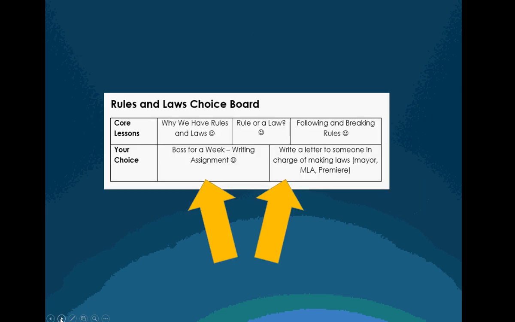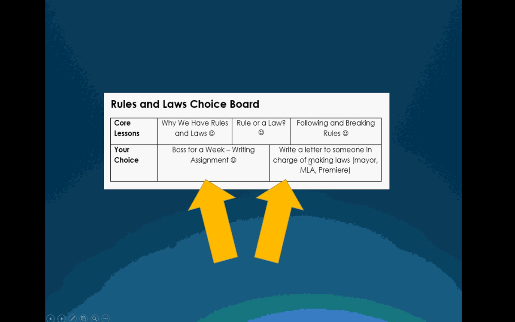All right, you have moved on and have a little bit of time to do a Your Choice activity. There are 2 options, and they're both writing assignments to connect to our ELA outcomes and learning how to write. One of them is called the Boss for a Week writing assignment.